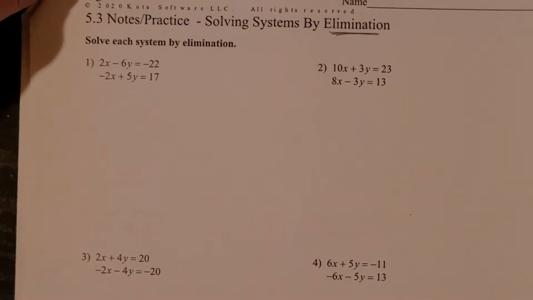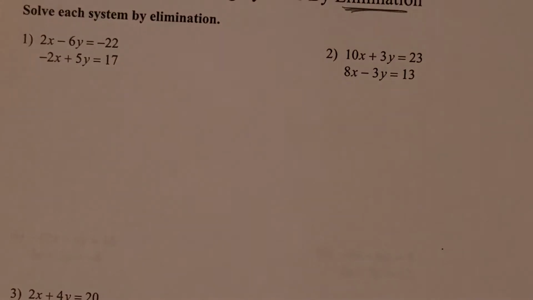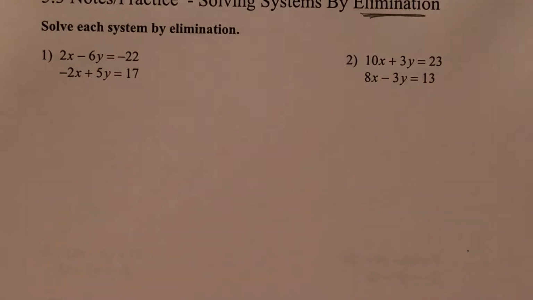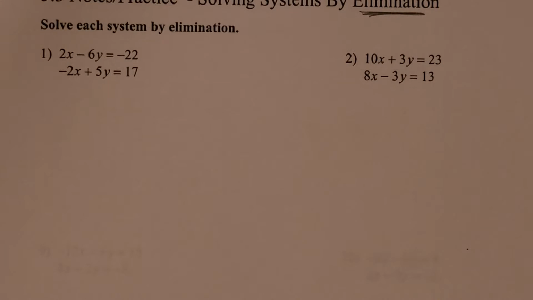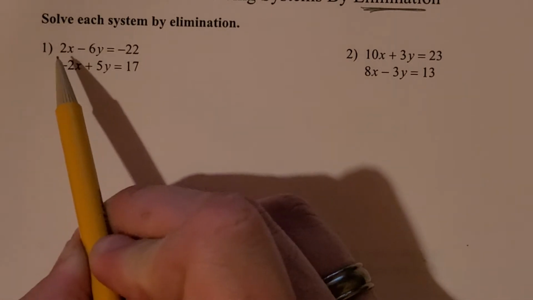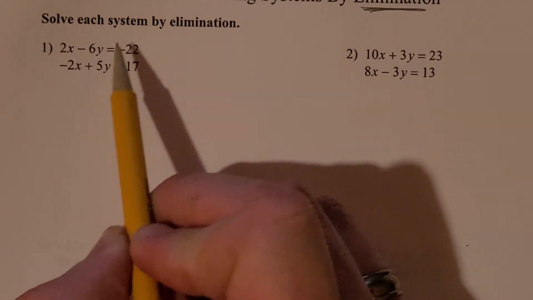Now let's look at number 1, and I'm going to talk to you really quick about why I would not want to do the other two. First of all, graphing is usually people's least favorite because you have to have graph paper and laziness and all those other things. But you should also notice both of these equations are in standard form. Something with an x, something with a y equals something without a variable.